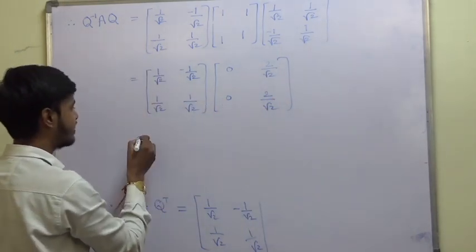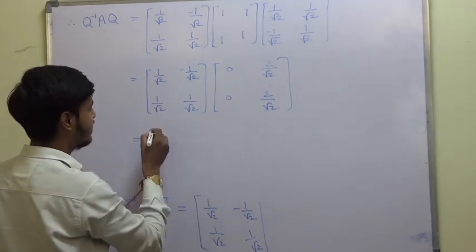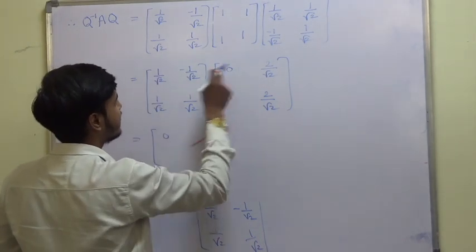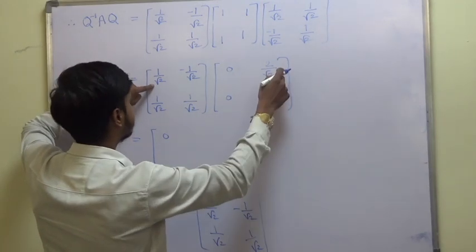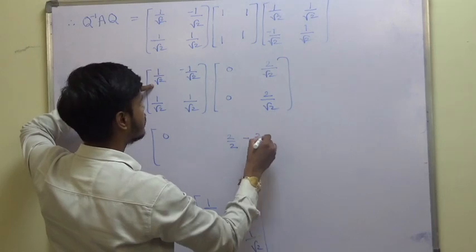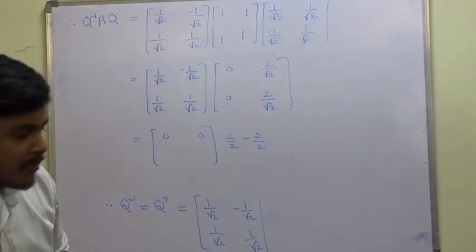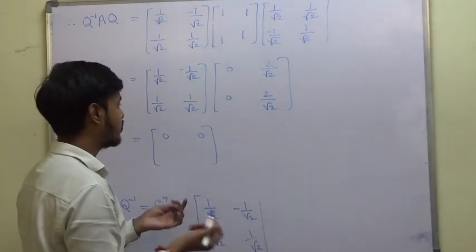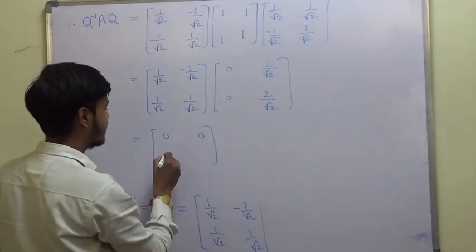Okay, now multiply this. The moment you multiply, first row, first column gives you 0, then 2 by 2 minus 2 by 2 gives you 0. I have a habit of doing some rough work to make sure whether we are doing it correctly or not. Now this into this plus this into this gives 0.